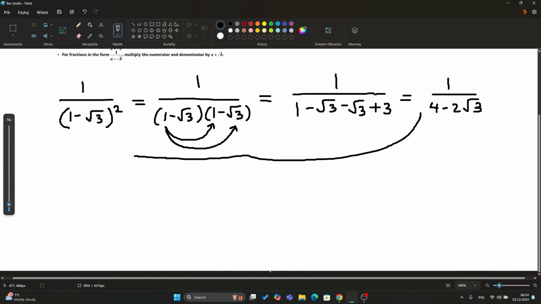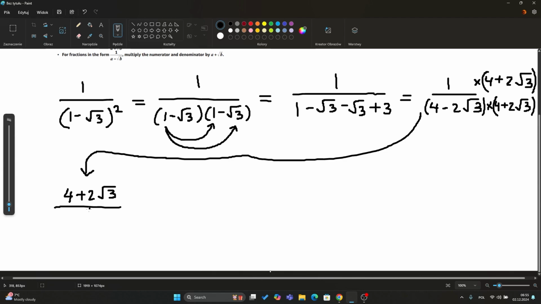So then we can rationalize it. If we multiply it by 4 plus 2 root 3 on the top and the bottom, then at the top we have 4 plus 2 root 3, and at the bottom we got 4 times 4, which is 16, and the middle ones always cancel, so it leaves 0, and minus 2 root 3 times 2 root 3.